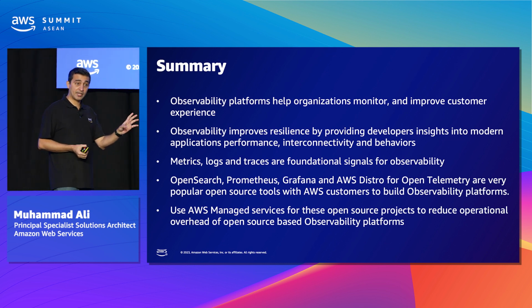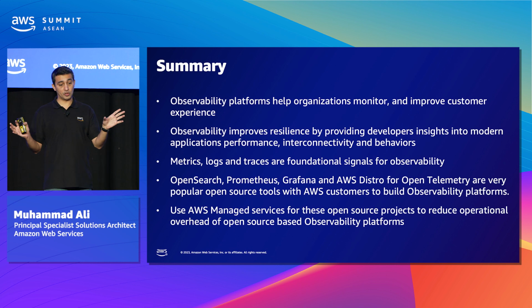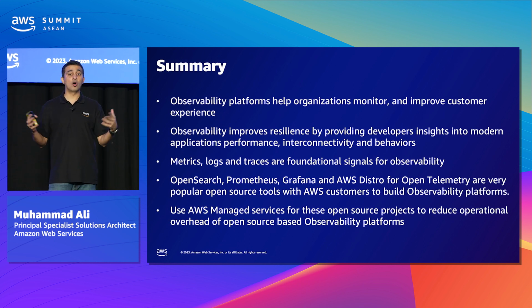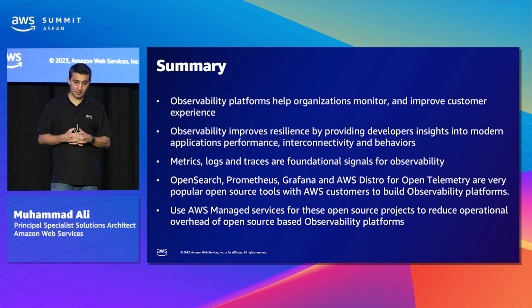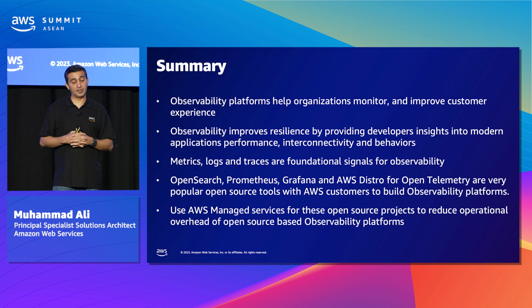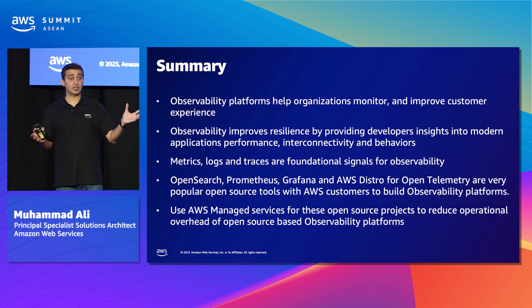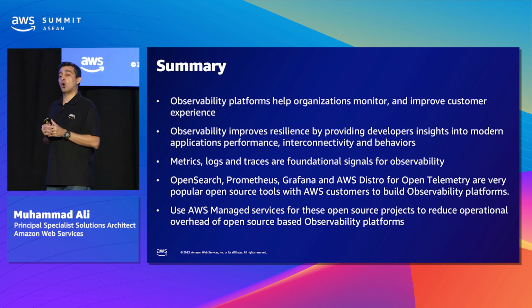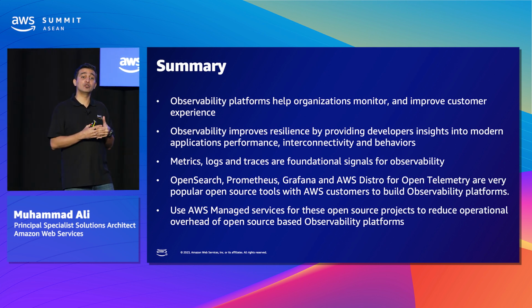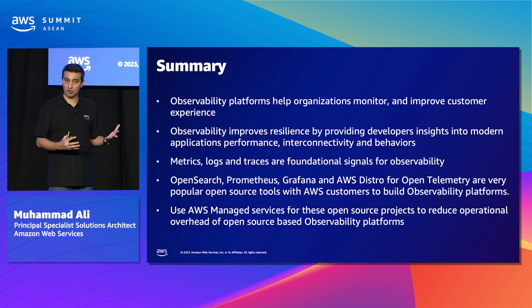We use Amazon Managed Prometheus and Amazon OpenSearch Service to retain this data, to store this data. And it helped us build this observability platform using these managed services. And managed services help you operate these open source tools without having to do all the heavy lifting of configuring these open source software.